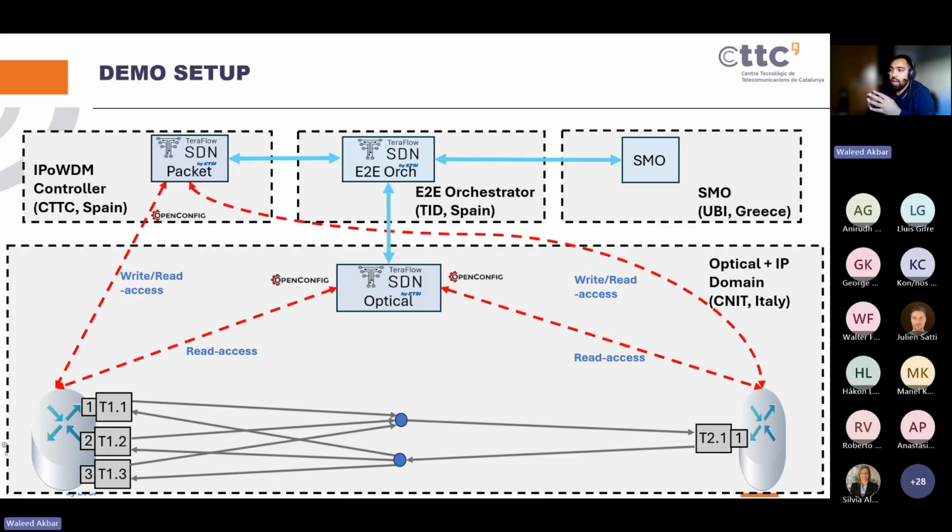Then in the middle we have the end-to-end orchestrator at Telefonica in Spain. Here in CTTC, we have the packet controller. And at the bottom side, the optical controller with the routers and the pluggables, everything we have in Cadiz in Italy. So we implemented the same concept I just explained in this demo setup.